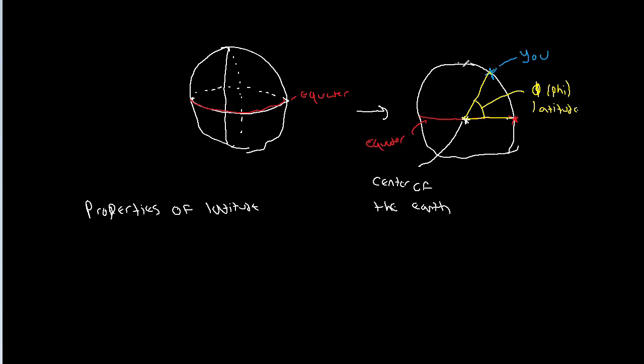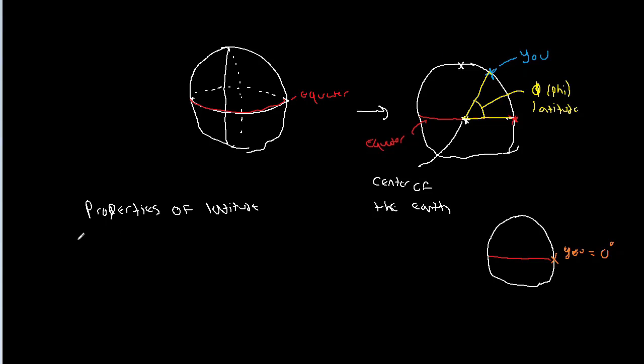And if we get to a point here where this angle, let me actually redraw the picture. So if you are on the equator, you have a 0-degree latitude, because the angle between you and the equator with the center of the Earth is 0.